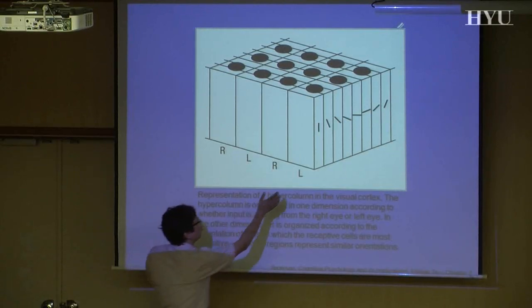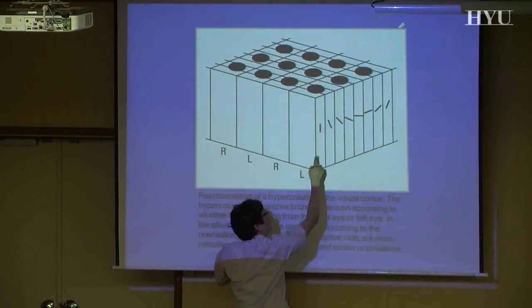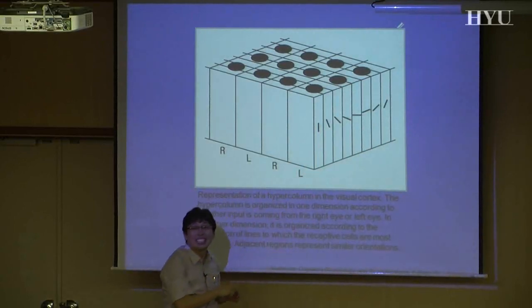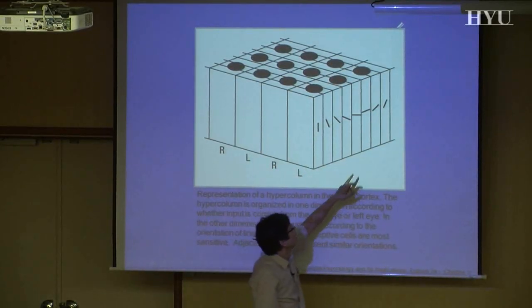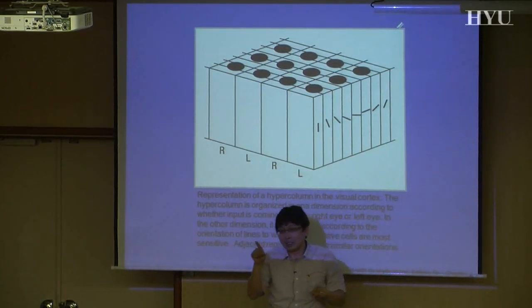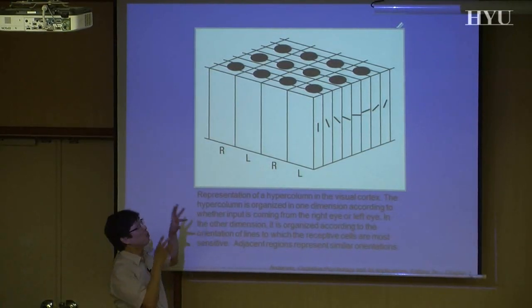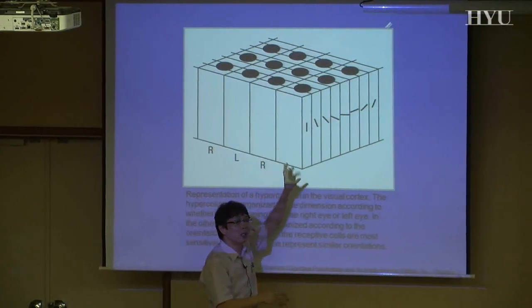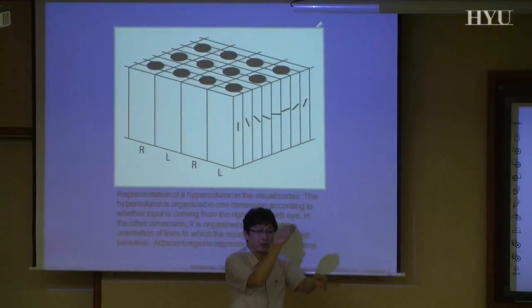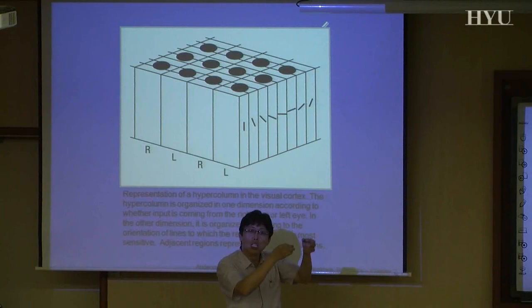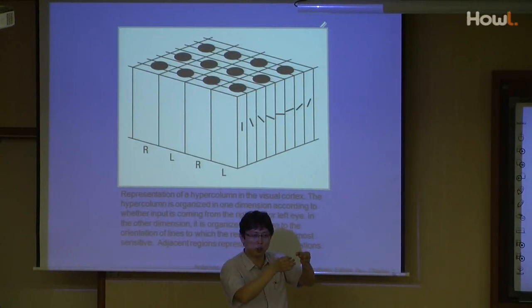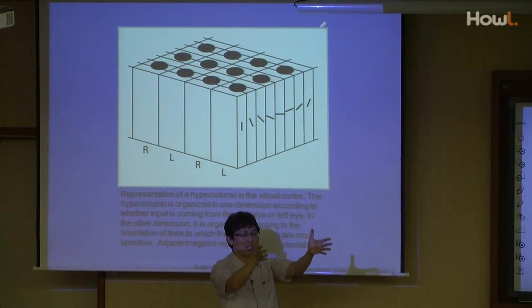So each column is detecting a straight line, and this one is a horizontal line. Probably our eye has heaps of these imaginary columns. So these imaginary columns are working to detect the shape of an object.